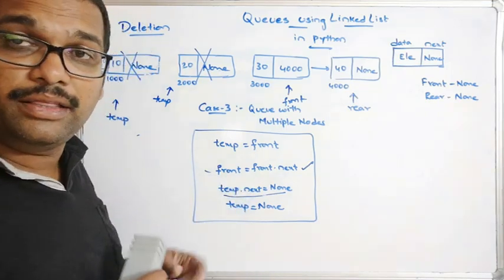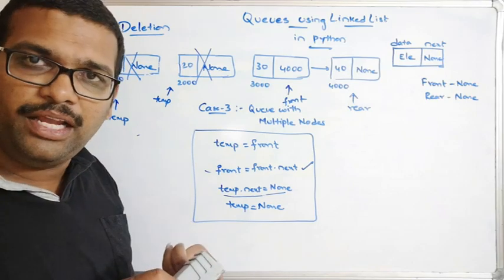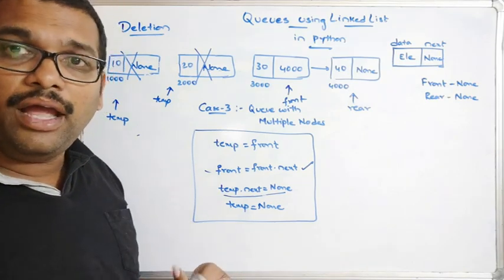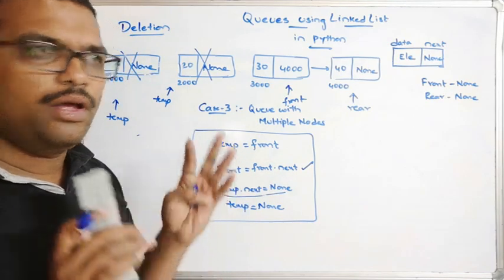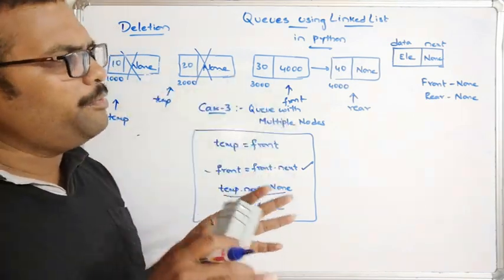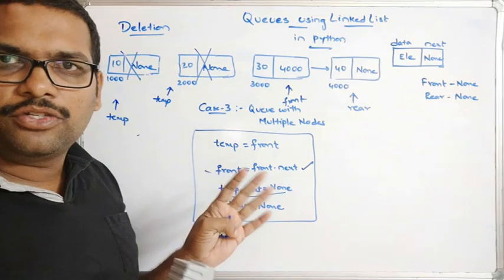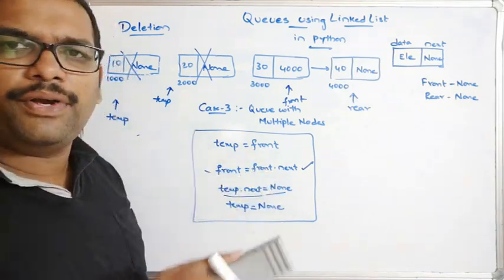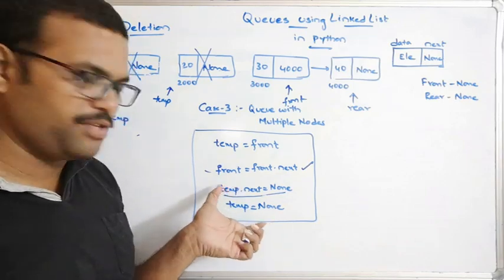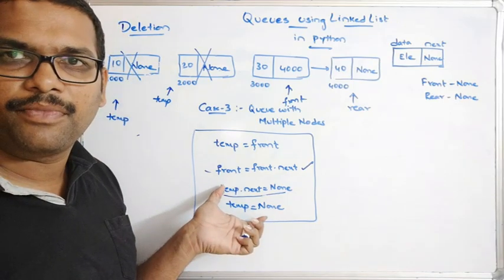We have written 3 cases: one is the queue is empty, the queue with a single node, and the queue with multiple nodes. Unless you draw the diagram, it would be difficult to imagine this. If you draw the diagram with multiple nodes, then it will be very easy for you to write the code. Only the 3 steps.